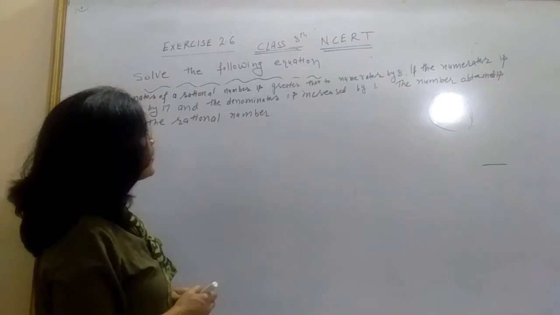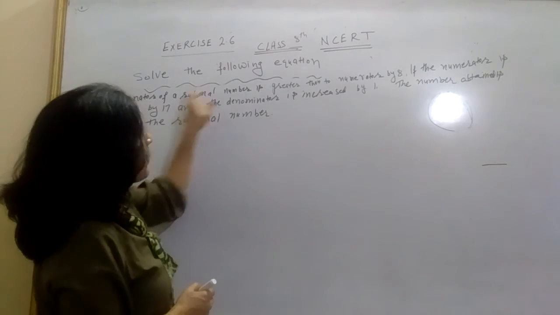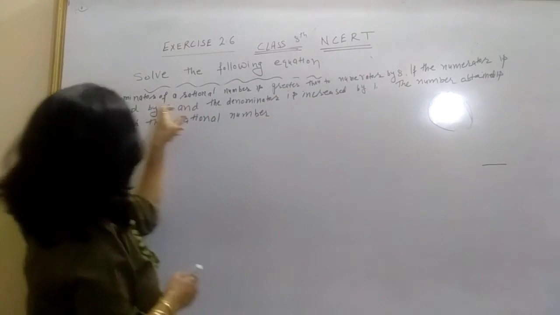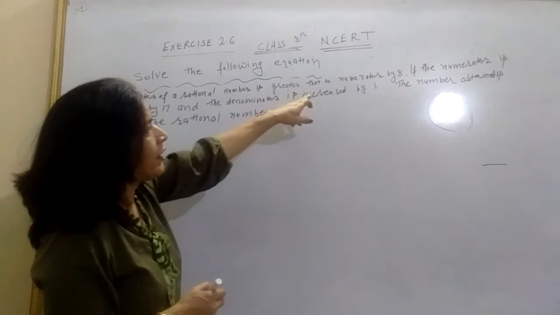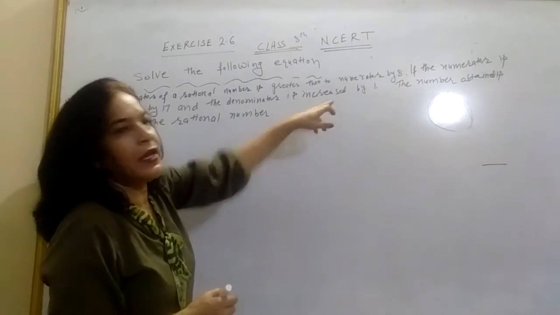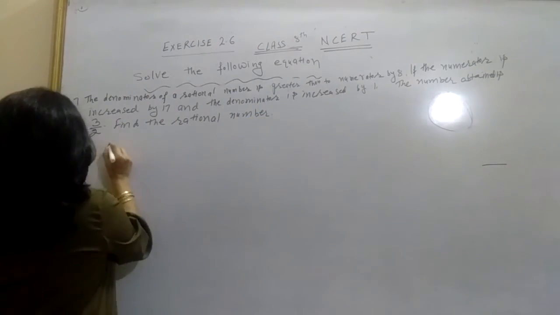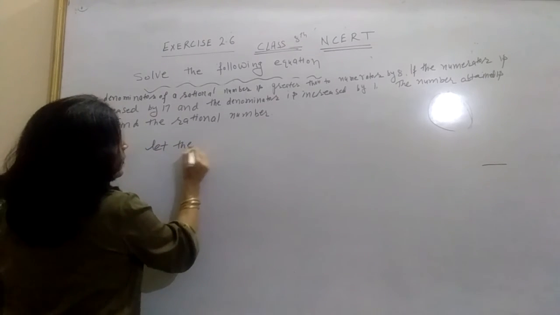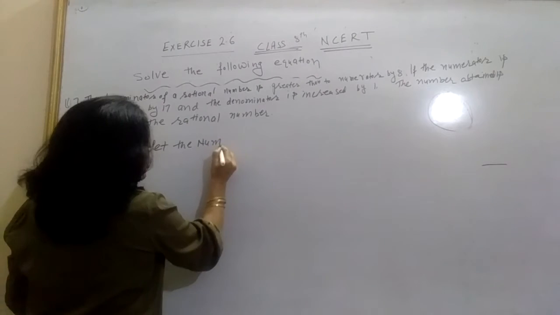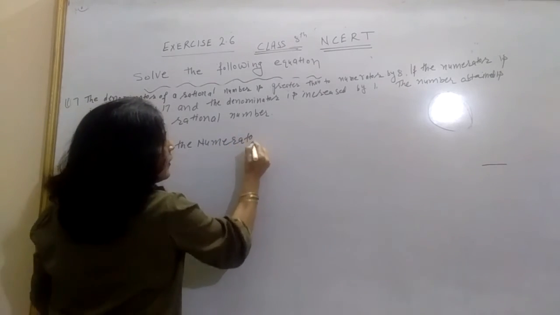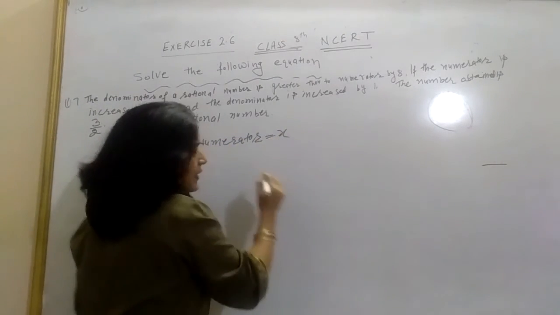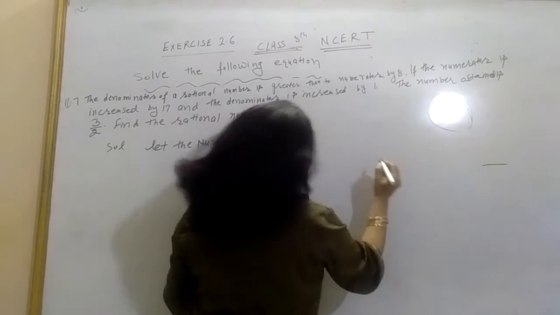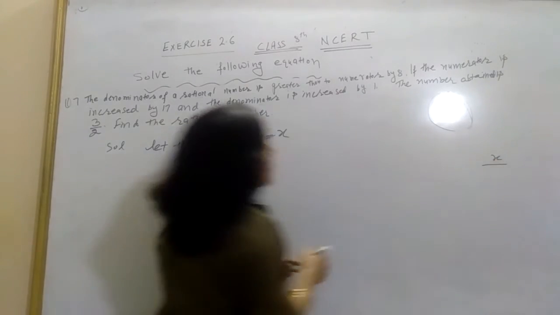It means the denominator depends on the numerator because the denominator is greater than the numerator by 8. So let the numerator be x, I consider numerator x.